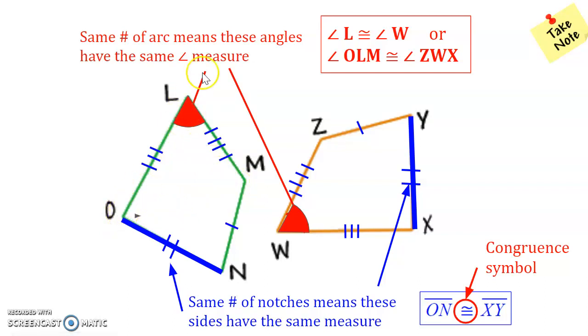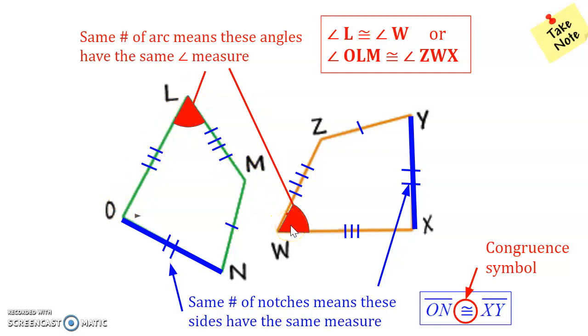When I say angle OLM, start tracing the OLM. So OL is one side and LM is the other side. What is the angle enclosed by the two sides we just identified? It's this one. So the key thing is the middle letter has to be at the vertex. So this is angle OLM.